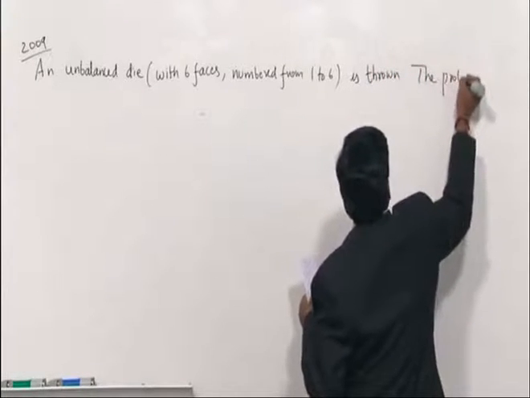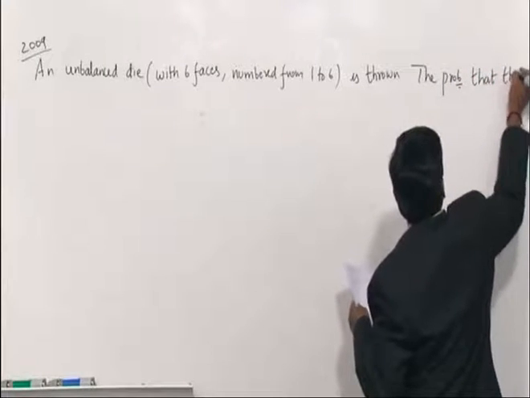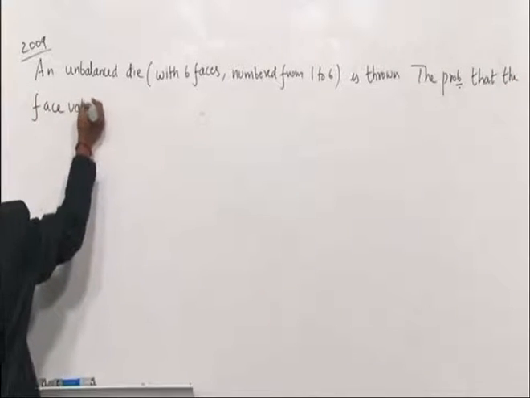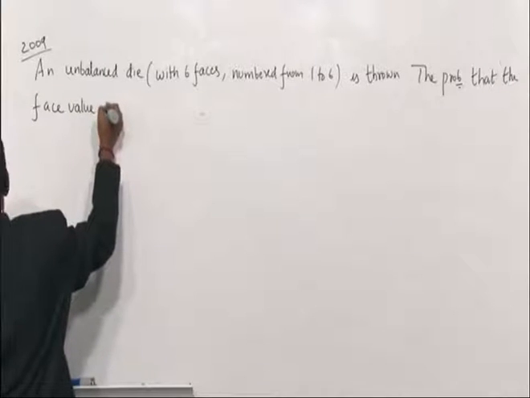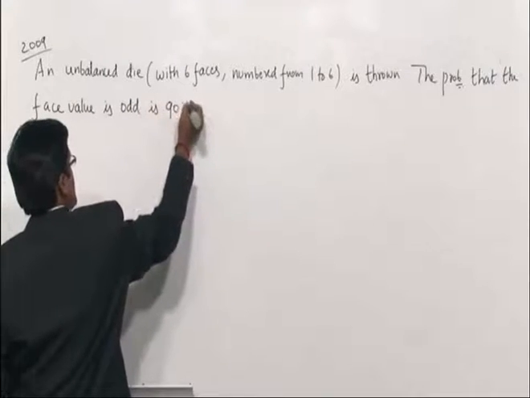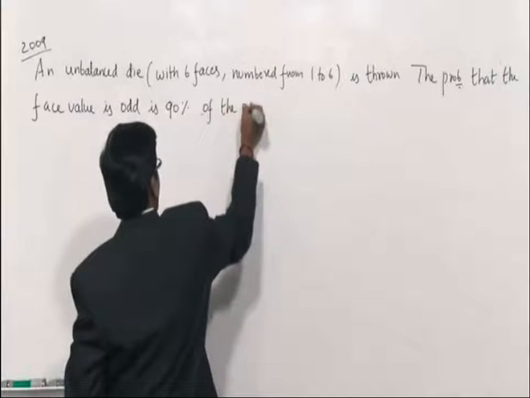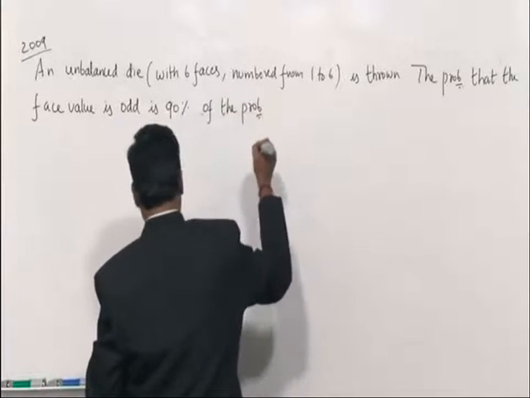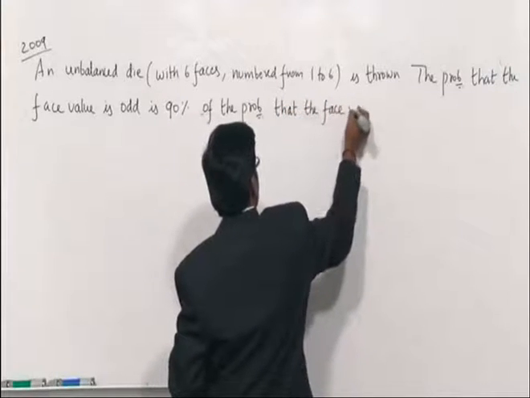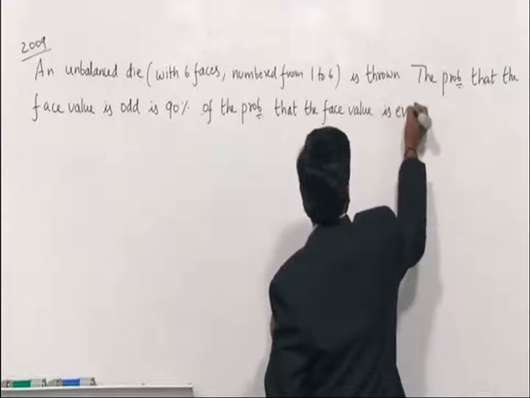The probability that the face value is odd is 90% of the probability that the face value is even.